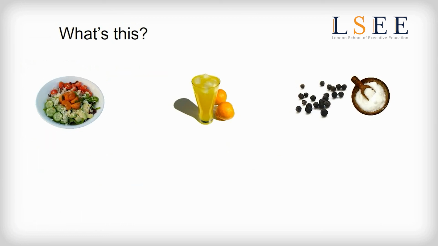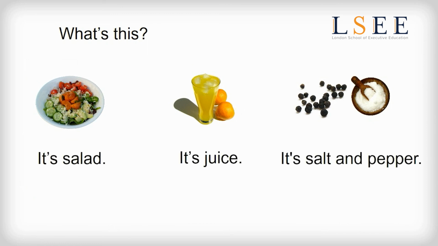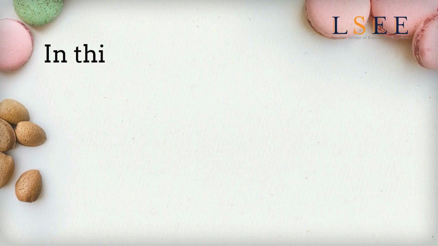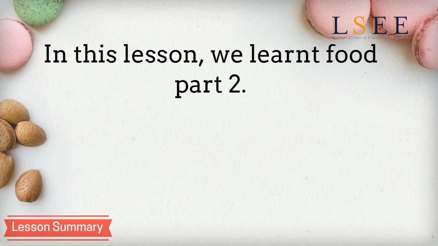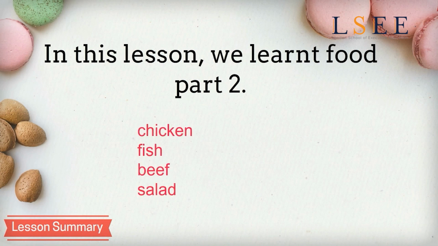What's this? It's salad. It's juice. It's salt and pepper. In this lesson, we learned Food Part 2. Chicken, fish, beef, salad, juice, salt, pepper.